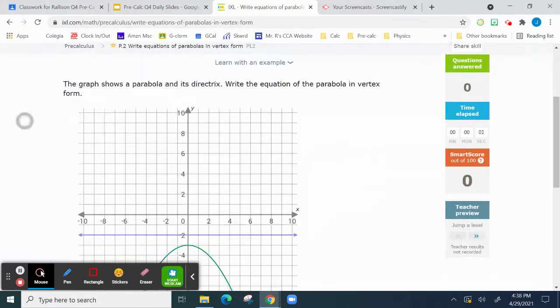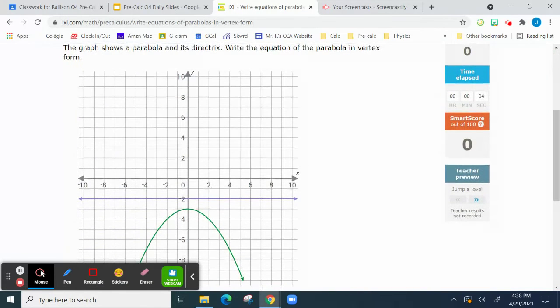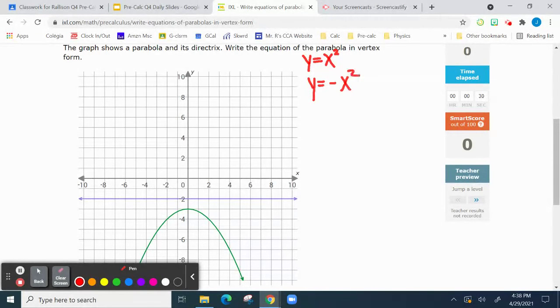So let's see. The graph shows the parabola and its directrix. Write the equation of the parabola in vertex form. So it's up or down, so it's going to be y equals x squared, the standard up or down instead of goofy left and right, which would be x equals y squared. It opens down, so we know it's going to be something like y equals negative x squared.